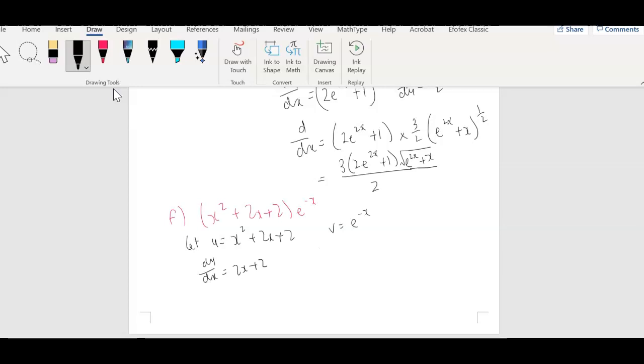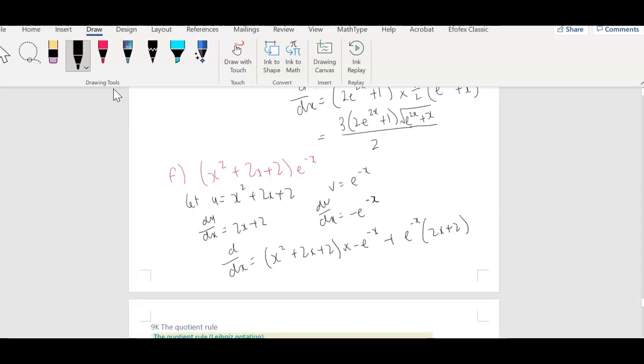So du/dx is 2x plus 2, and dv/dx is negative e to the negative x. So d/dx, u times that, times negative e to the negative x, plus e to the negative x times 2x plus 2.